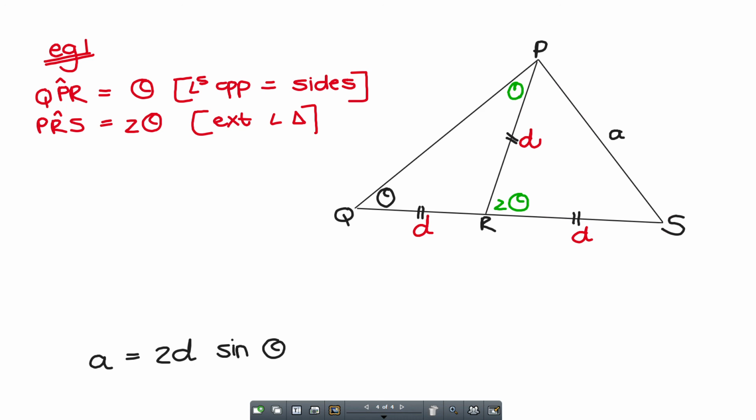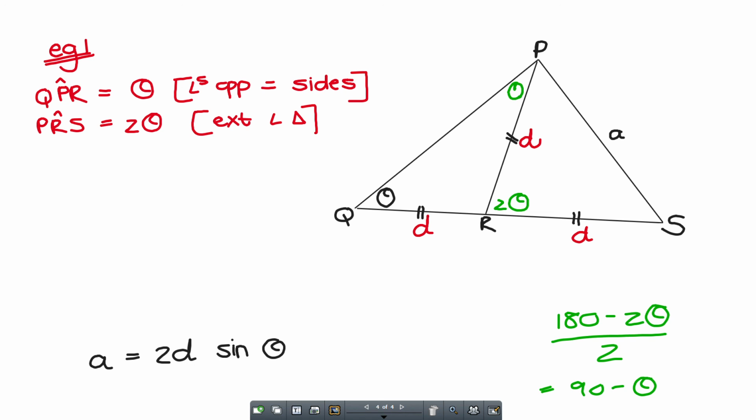180 minus 2 theta, but then divided by 2, want is mos 2 gelyke hoekies. Nee? So meaning that will give me 90 minus theta. You guys good with that?